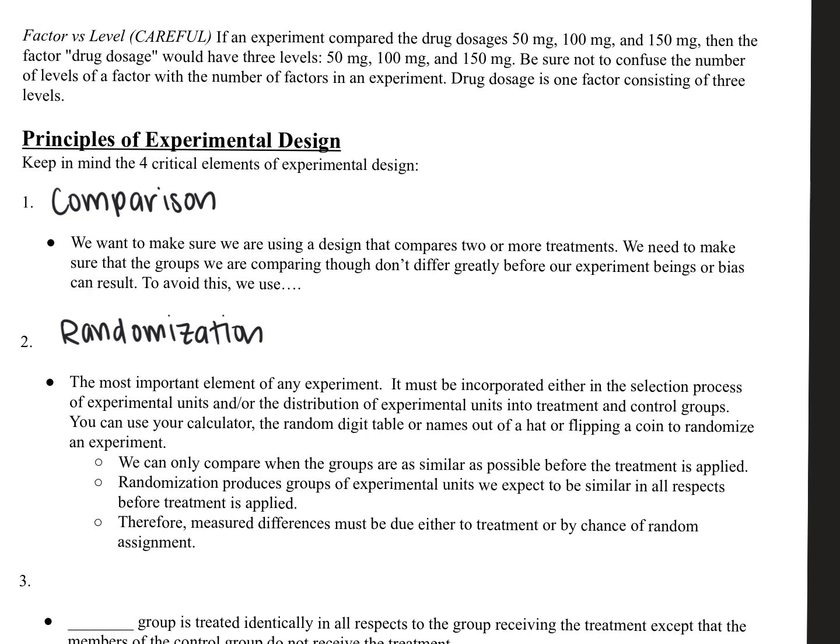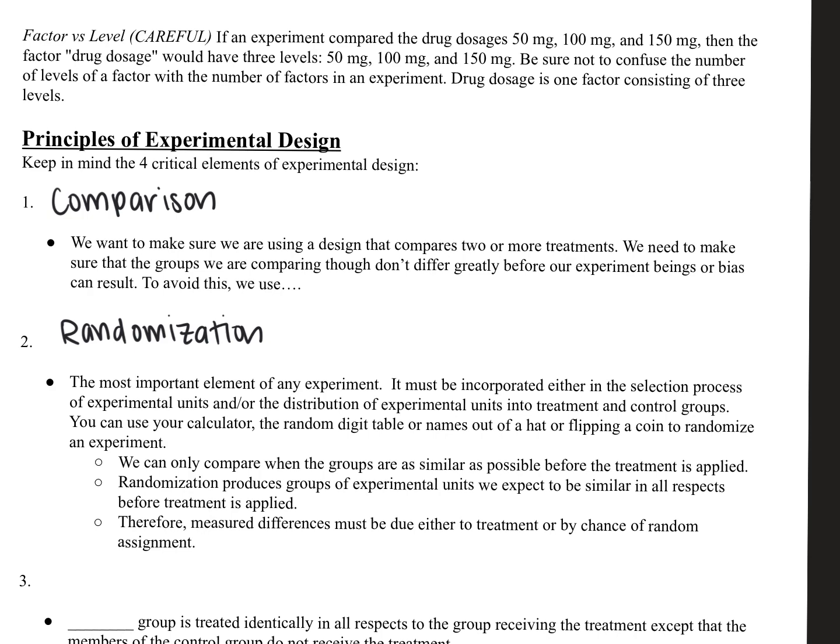A couple of key things here though. You can only compare when groups are as similar as possible before the treatment is applied. So you don't want to look at men separately and women separately, because then your groups aren't similar. You would want to have a nice mixture of the two. And then, if they differ afterwards, that's fine.